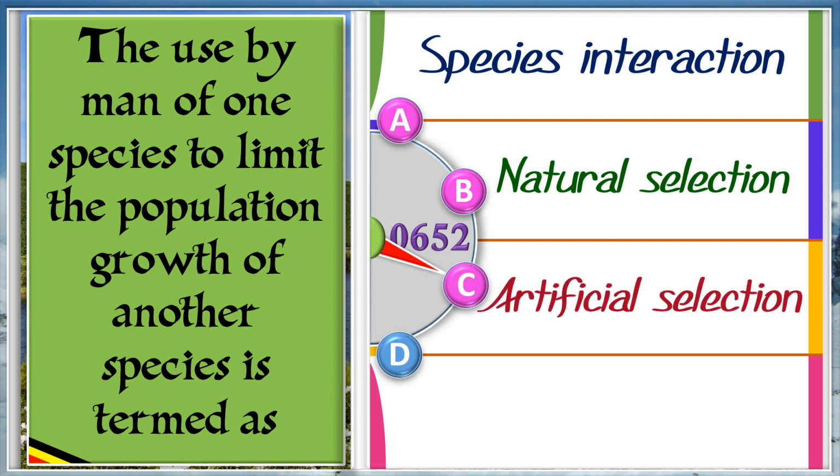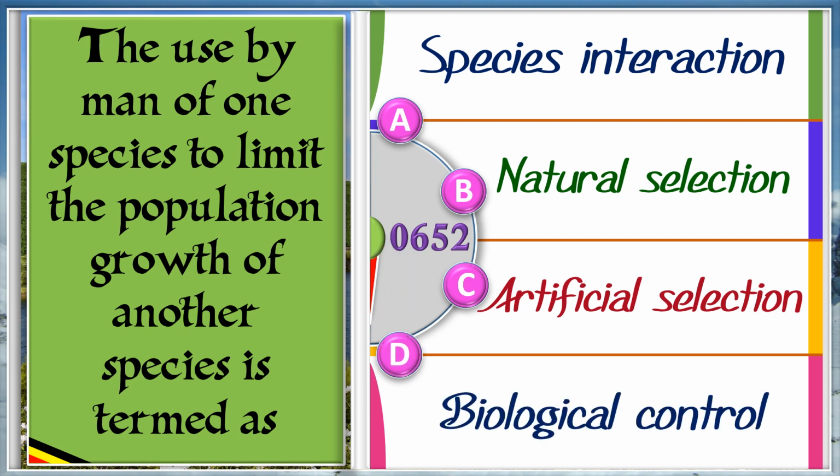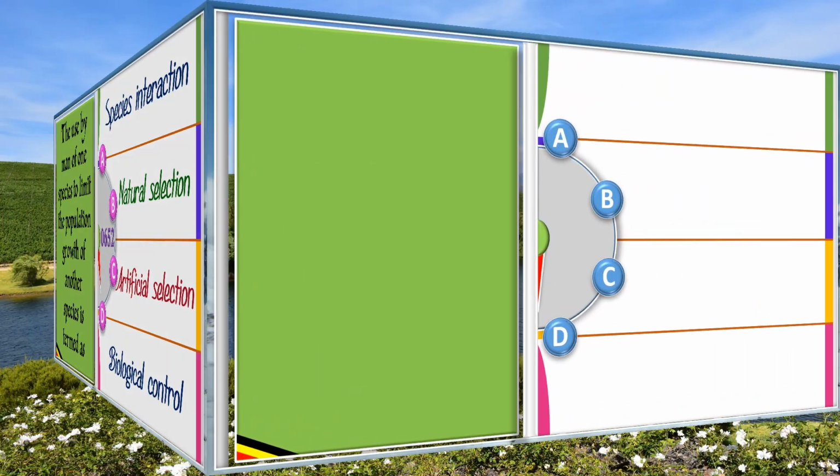C. Artificial selection. D. Biological control. And the answer is D. Biological control.